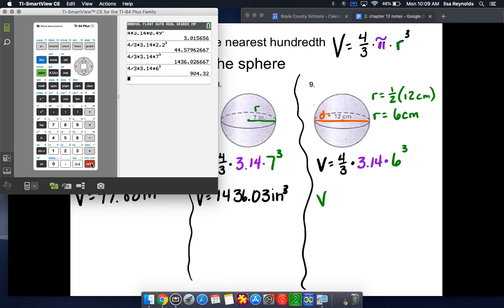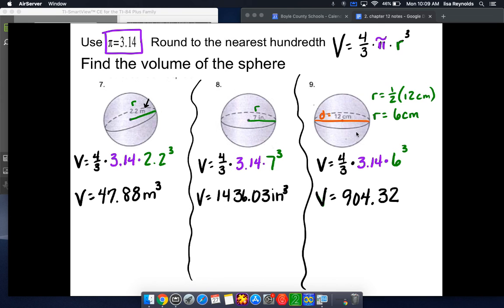So our volume of this sphere is 904.32. And since this one has centimeters for the diameter, our volume is in cubic centimeters.